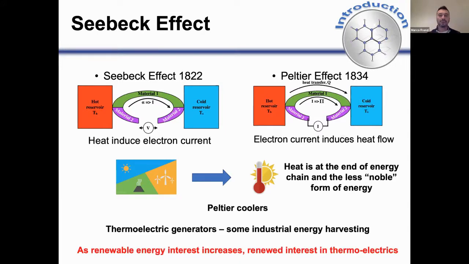So to be able to produce energy from what is considered to be heat is a powerful discovery. However, it was just a physical discovery in the past, but it became important recently when the interest in renewable energy increased.